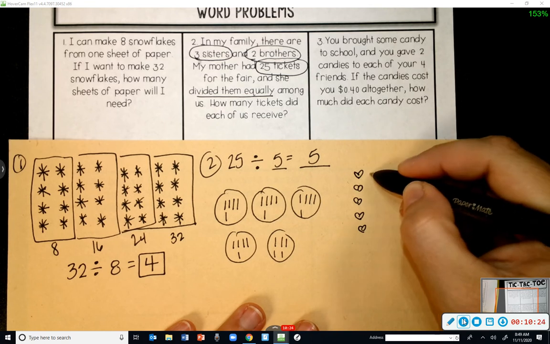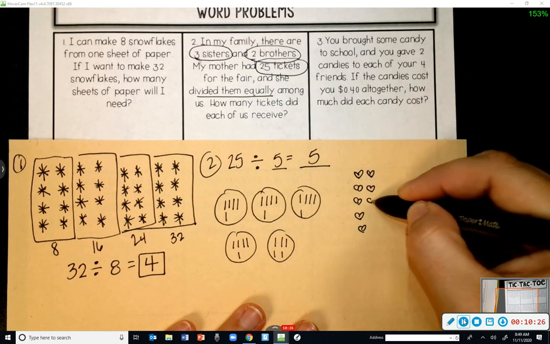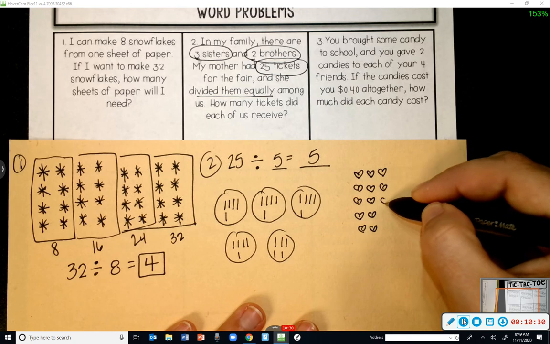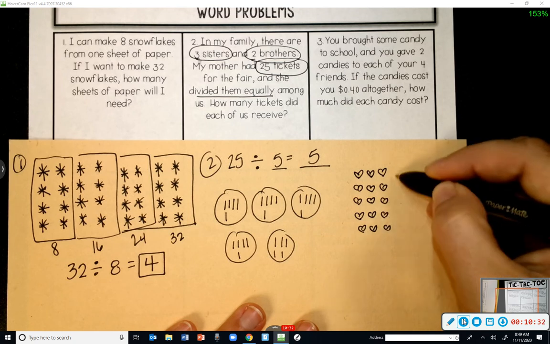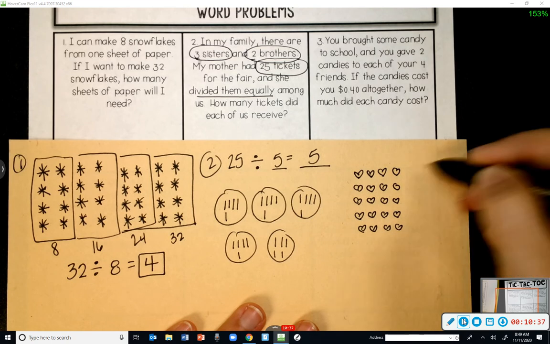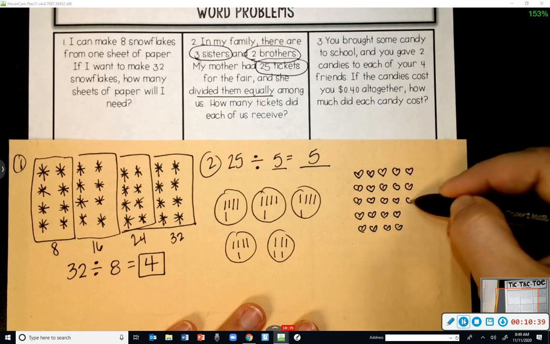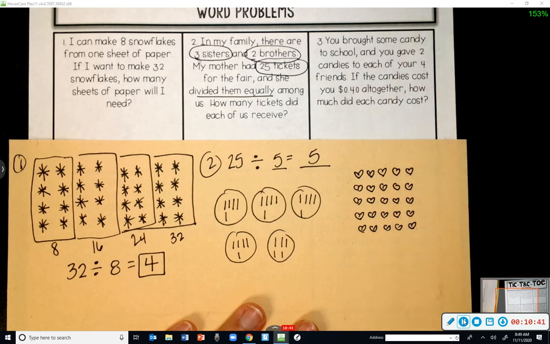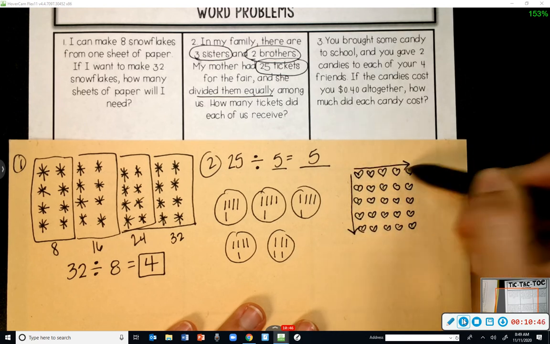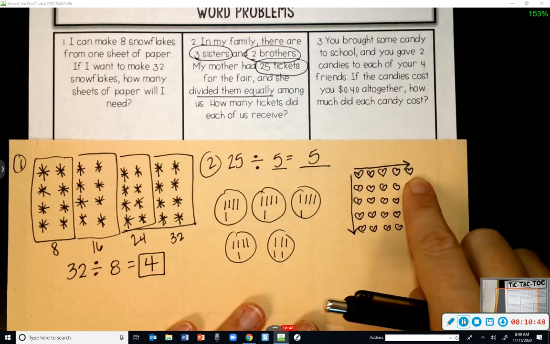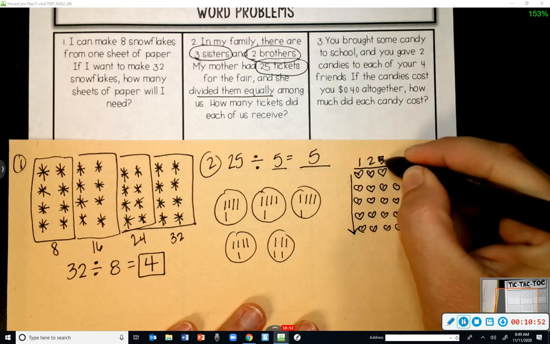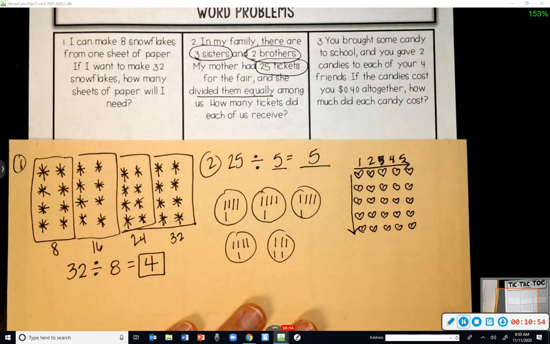So this is 5, 6, 7, 8, 9, 10, 11, 12, 13, 14, 15, 16, 17, 18, 19, 20, 21, 22, 23, 24, 25. Okay, so since I went this way, I now need to count how many are in the row going this way to get my answer. 1, 2, 3, 4, 5.